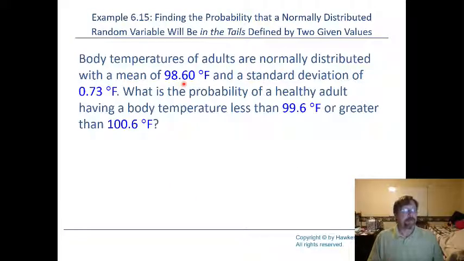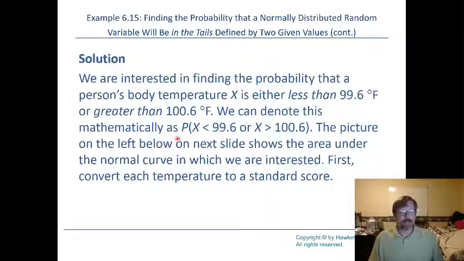Okay, so final one, type 4. Probability of a healthy adult having a body temperature less than 99.6 or greater than 100.6. So how common are those really outlier body temperatures? Right, so this is denoted this way: probability of x being body temperature in this case, being less than 99.6 or greater than 100.6.